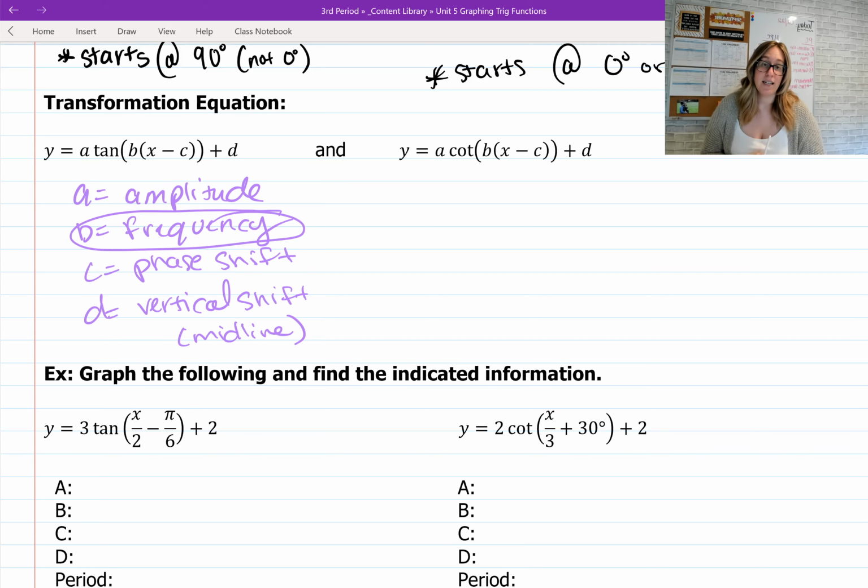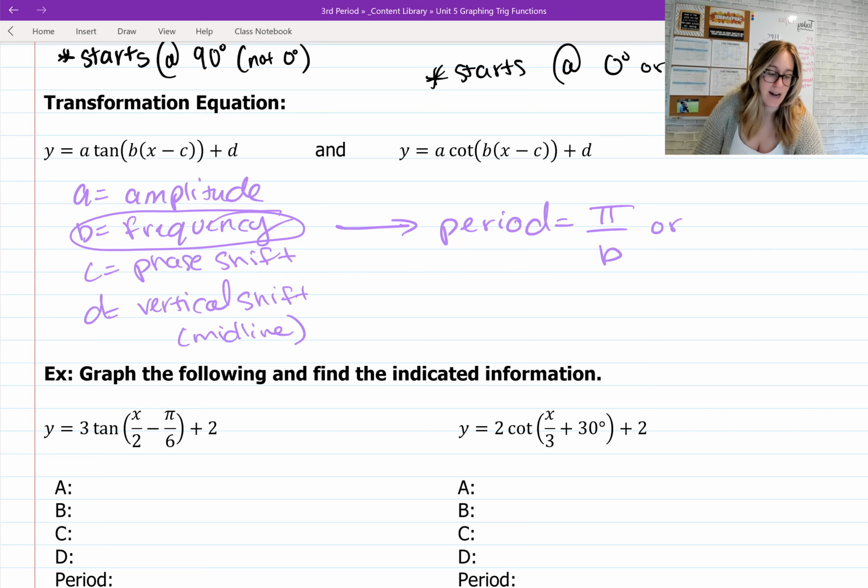Since our period is pi, frequency would be how many rotations we do every pi. To find your period, it's pi over the b value, or if you're in degrees, 180 over the b value. That is what's different with tangent and cotangent: you are dealing with a period of pi instead of 2 pi.